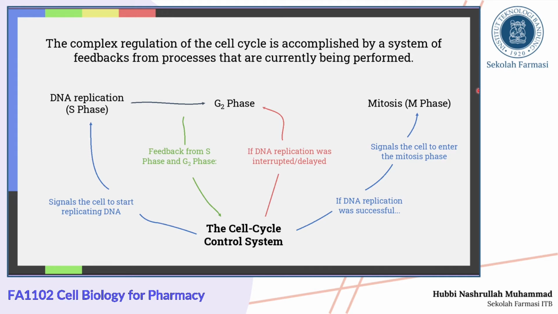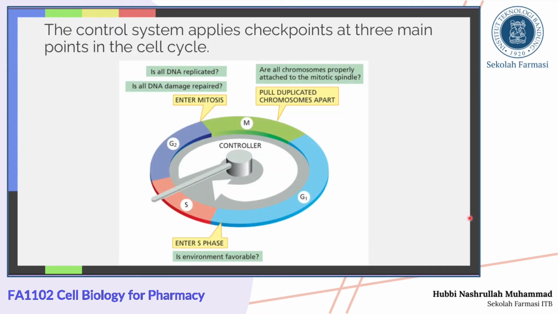In the previous page, we saw that the system of feedbacks provides information to the cell cycle control system in order for it to decide on its next action. The decisions that the control system makes during the cell cycle can be summarized in this figure.